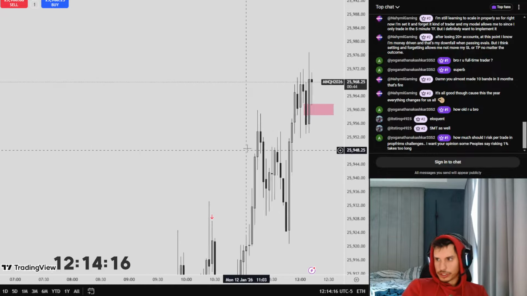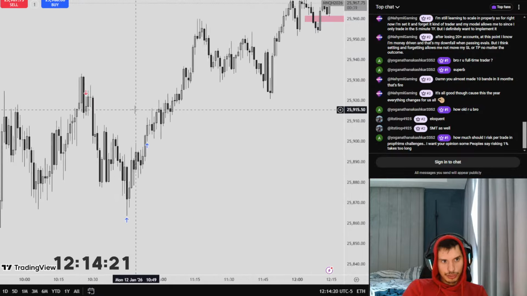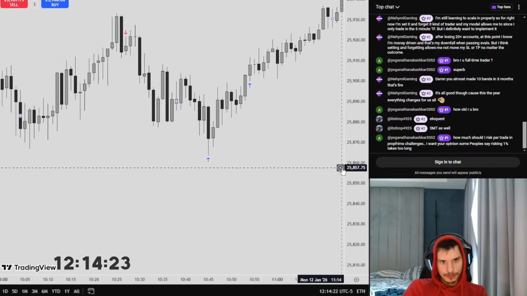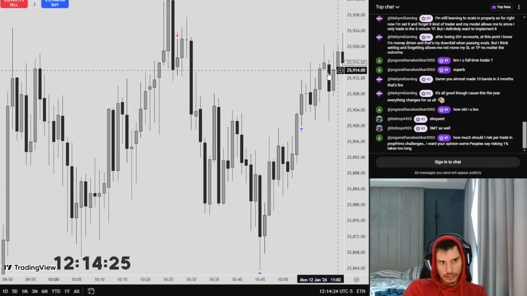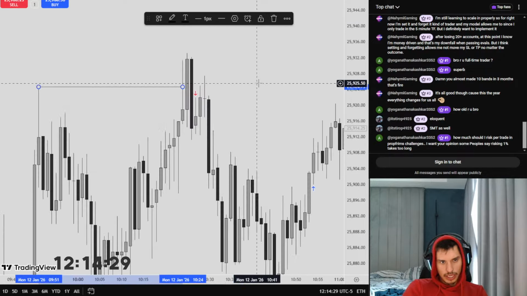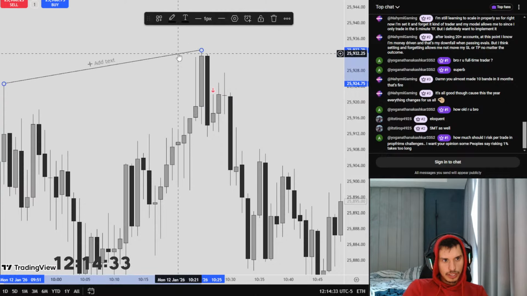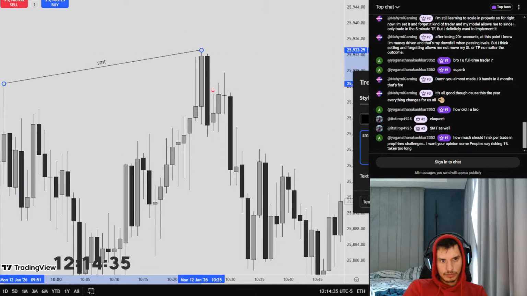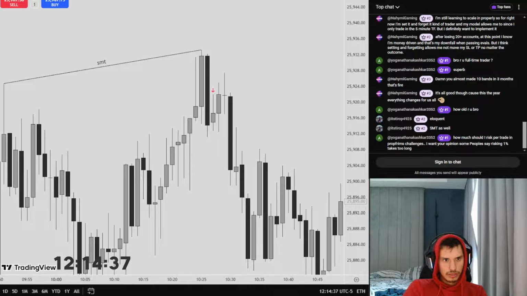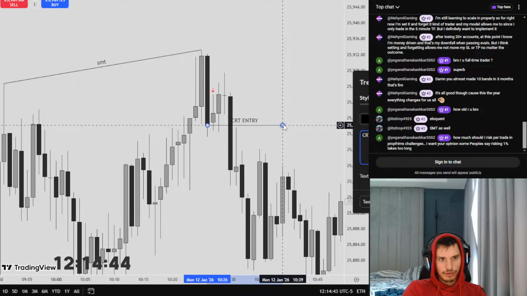Yep, no trade. I'm done. We only took one trade here, which was not even the unicorn. It was CRT, something I hadn't taken in a long time. But I've seen this pattern multiple times where we have SMT at the high and we have CRT entry.